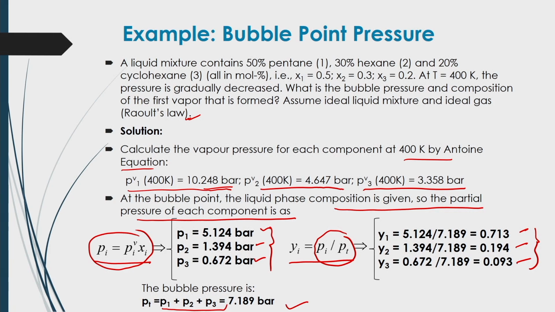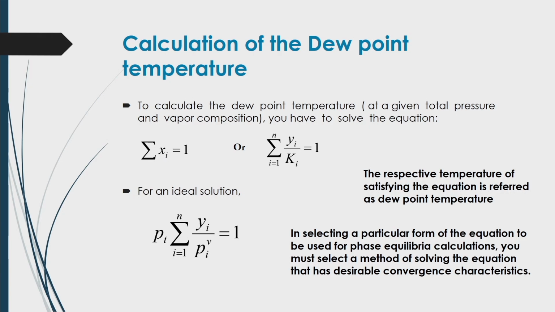So, in this example you practice it, and you can have an idea how to calculate the bubble point pressure. Similarly, how to calculate the dew point temperature here. This is also the reverse, vaporization to condensation. So, to calculate the dew point temperature at a given total pressure and vapor composition at equilibrium condition, you have to solve the equation that summation of xi is equal to 1, and from the equilibrium relationship yi is equal to ki xi.